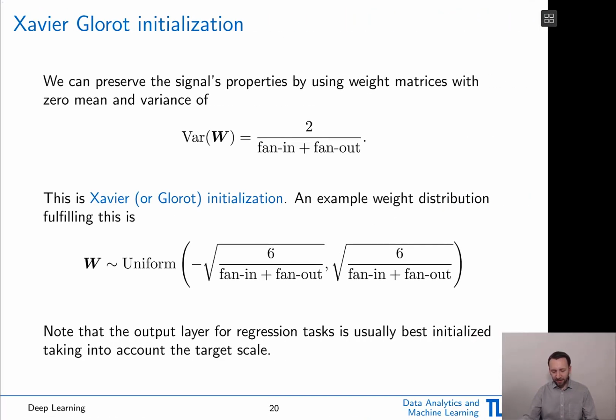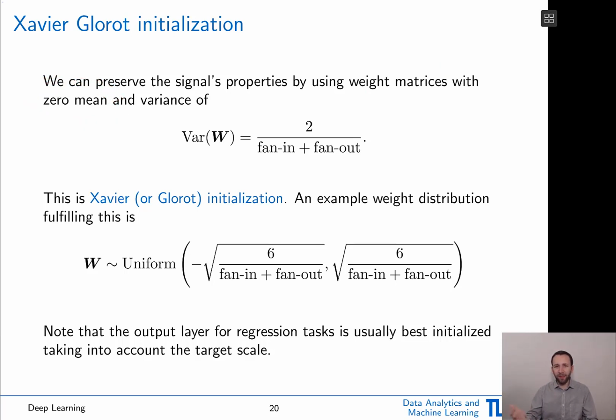Here, I don't show you how we can derive this. I just give you the final result. We can preserve our signal's properties, meaning this mean of 0 and variance of 1, by using weight matrices which also have a specific mean and variance. Namely, the weight matrices also have 0 mean, which is somehow natural.